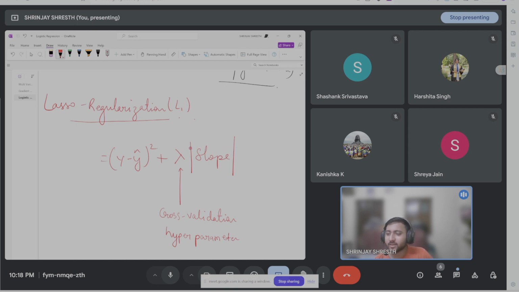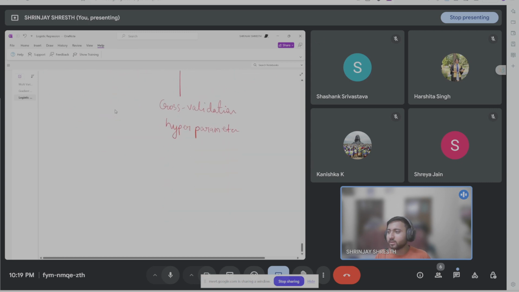We took its absolute value because what it does is prevent overfitting. There is this additional penalty which we are adding. This is the additional parameter component which we are adding.